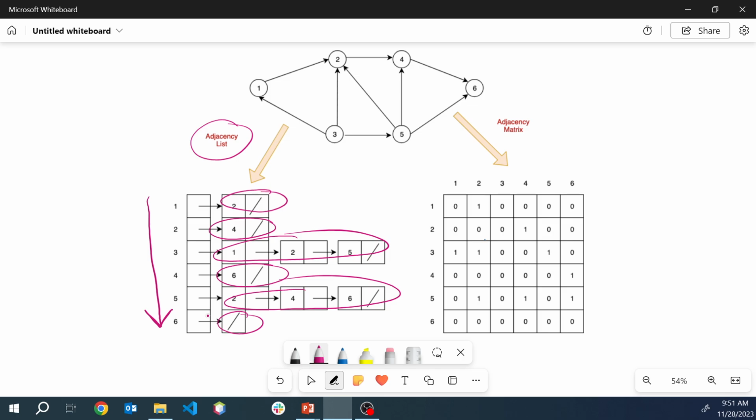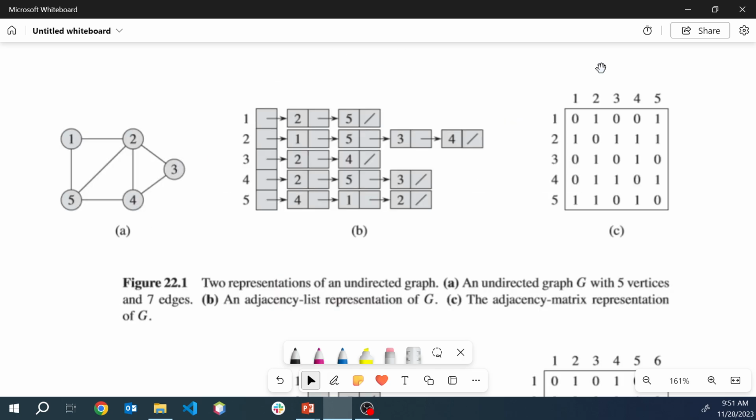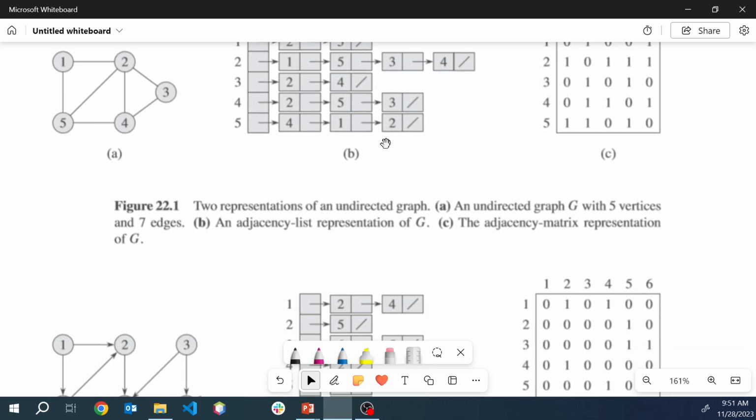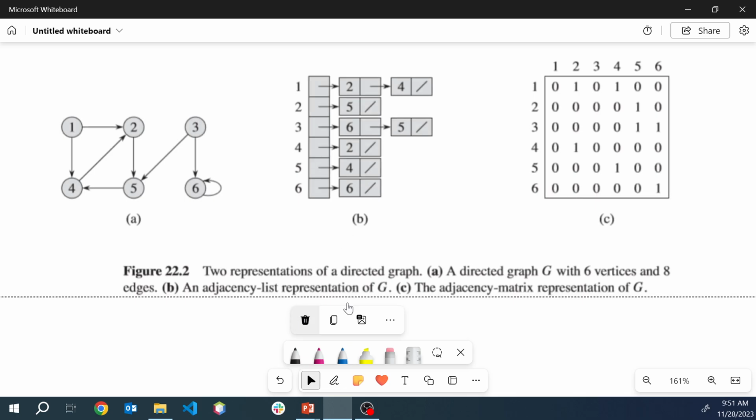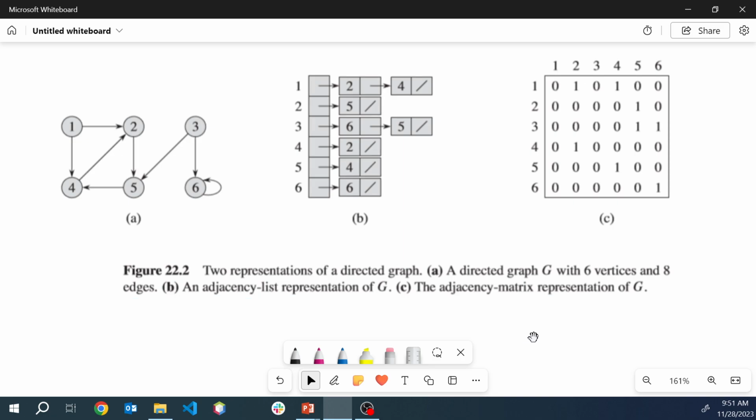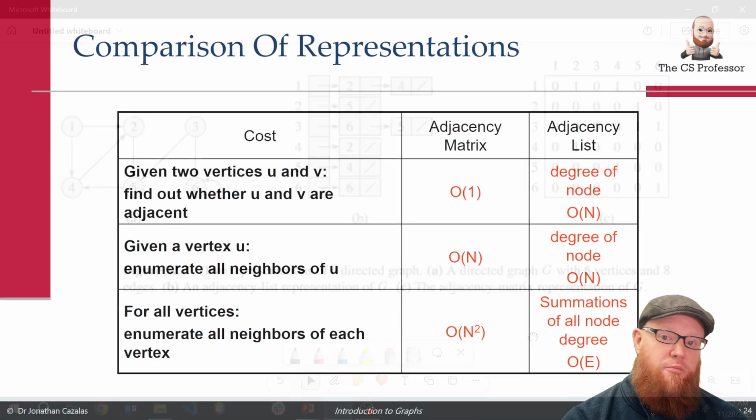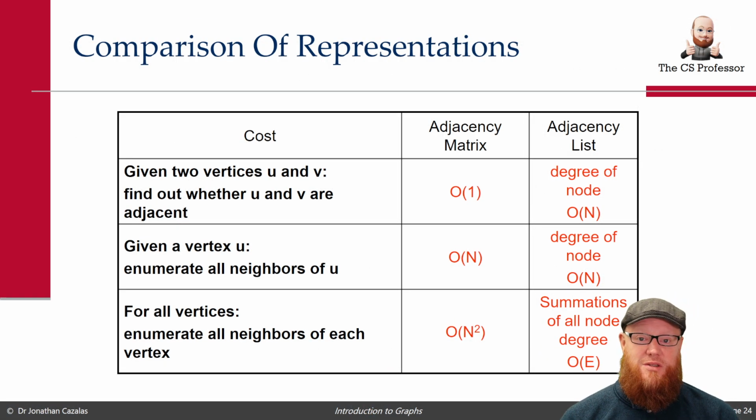Given a graph, how to represent it as an adjacency matrix and as an adjacency list, for both undirected and directed graphs, and then understanding the advantages and disadvantages of both of these representations and their respective running times.